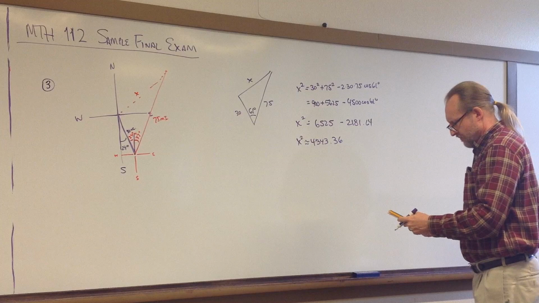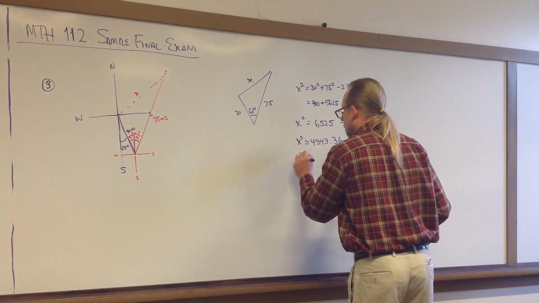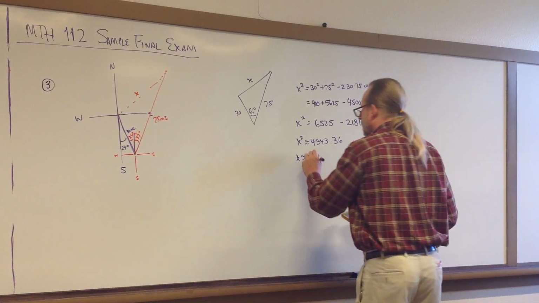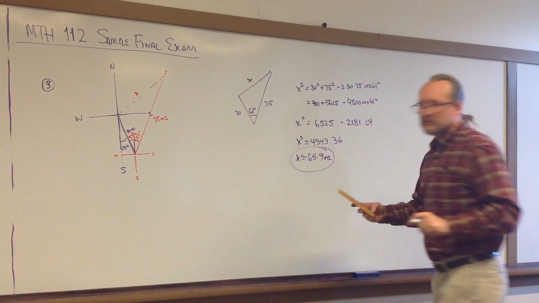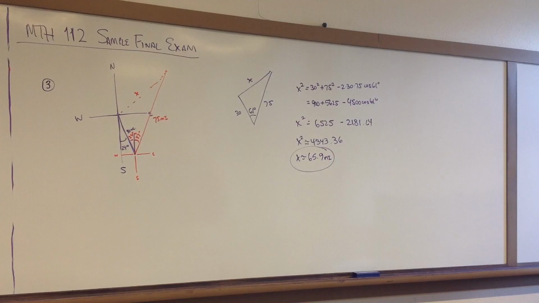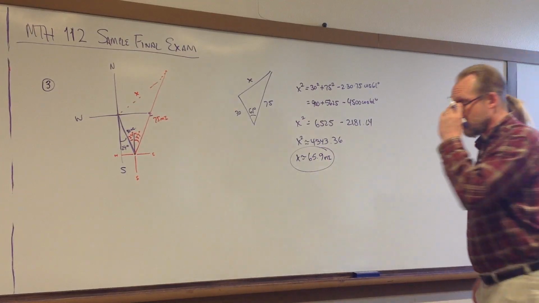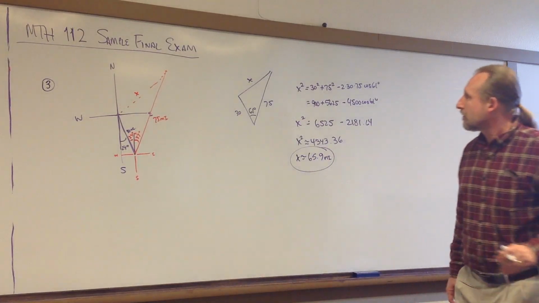So let's square root that, and that says that x is going to be approximately 65.9 miles to the nearest tenth. And that's the answer to the first part of the problem.